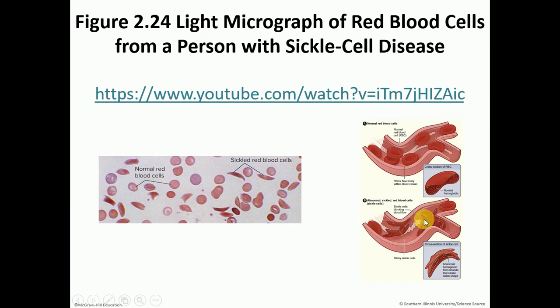That ability is lost if the red blood cells are sickled, and they tend to block capillaries and lead to hypoxia or low oxygen levels in those areas. And again, it can be extremely painful. And I do have this little video that you guys can watch, to get more information on sickle cell.